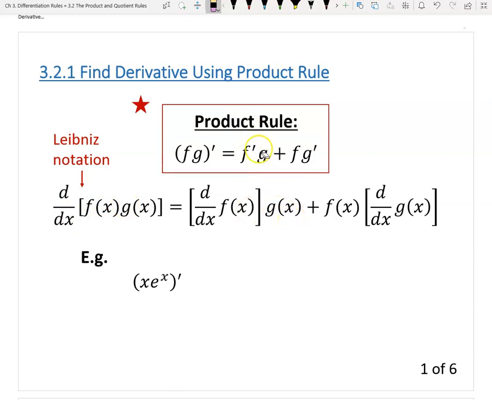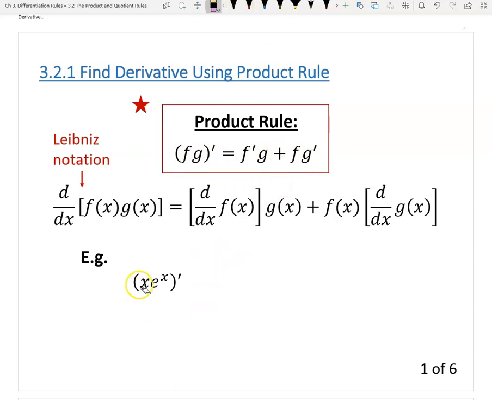Just follow the formula: the derivative of the first function times g, plus the first function times the derivative of the second function, which is the derivative of g. So Leibniz notation is exactly the same as the prime notation, and we are going to just use the simple prime notation. Later I'll give you a proof.